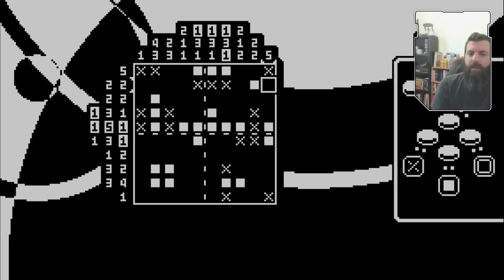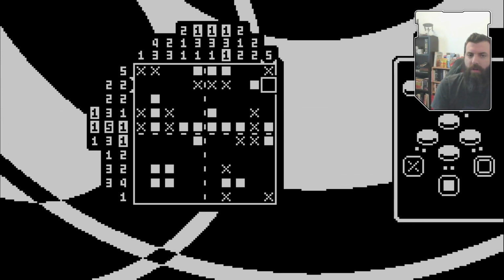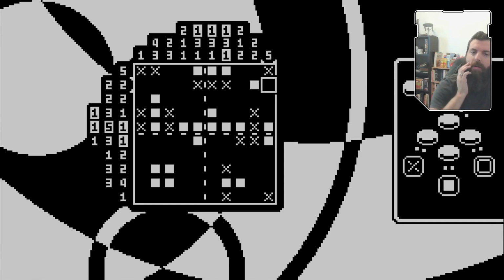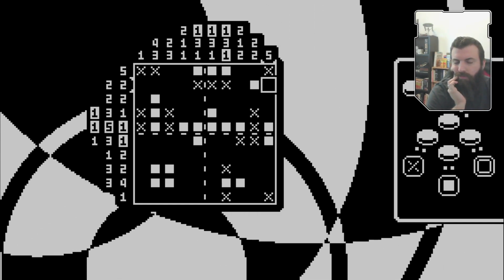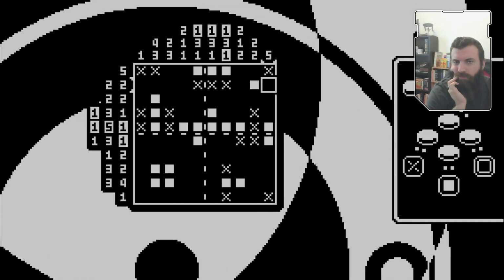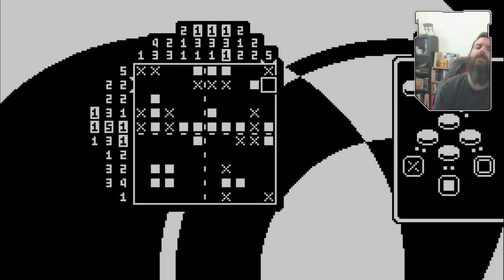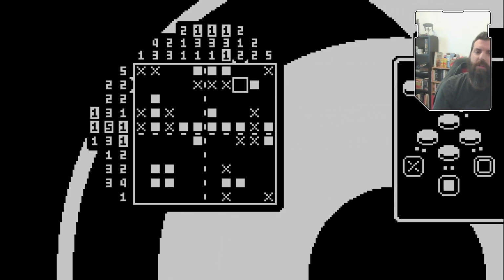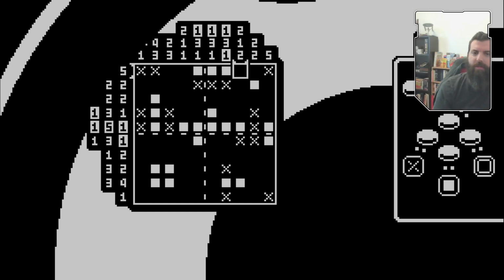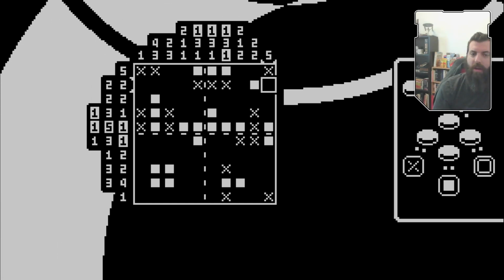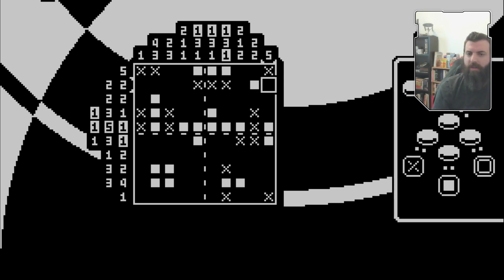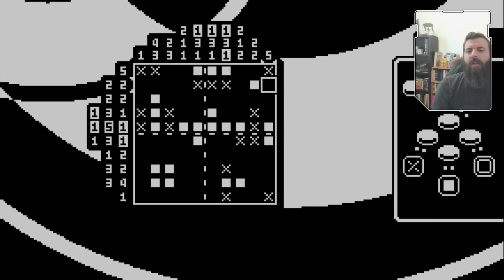Got a 50-50 chance of the two here being over on this side. If it's here, then that lets us know this two, not this. Narrows things down a little bit for us.